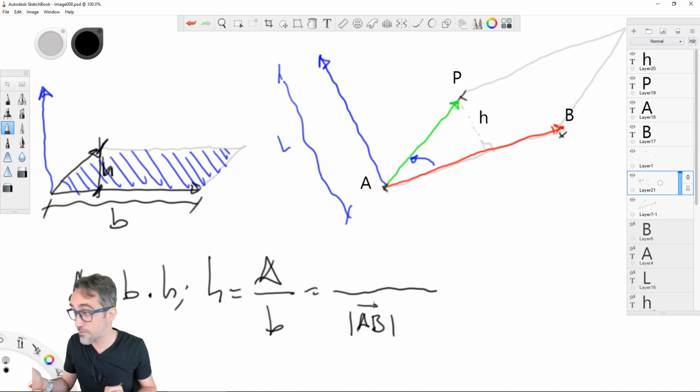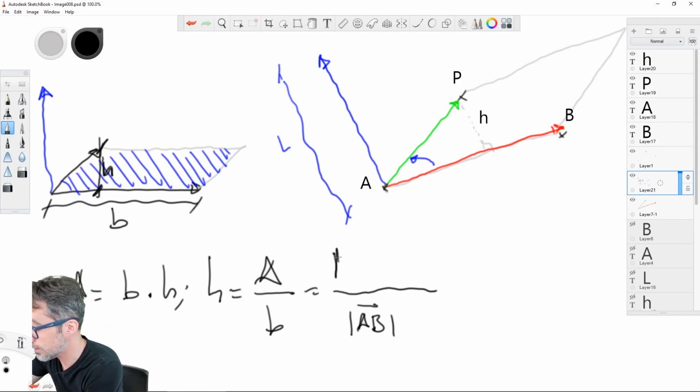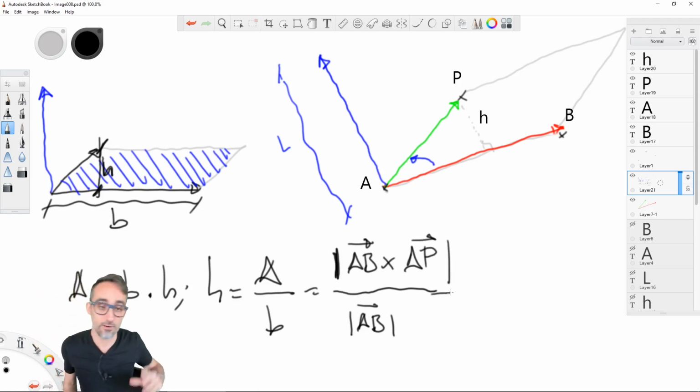And what is the area? The area is equal to the length, as we just described, of the cross product. So it's equal to the length of the vector AB cross the vector AP, the length of that cross product. And literally, that's just it.